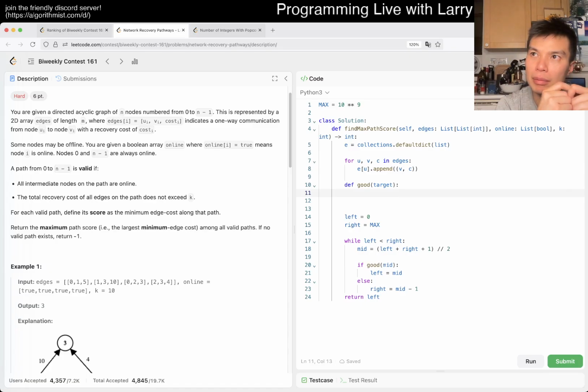So minimum. Okay, so it's almost like we want the shortest path by the minimum path, but we want to make sure that there is a path in which it reaches, right?